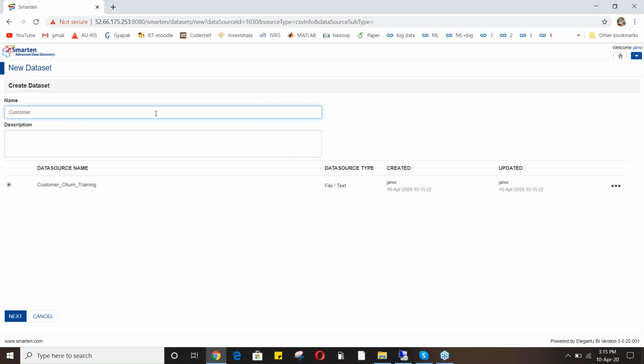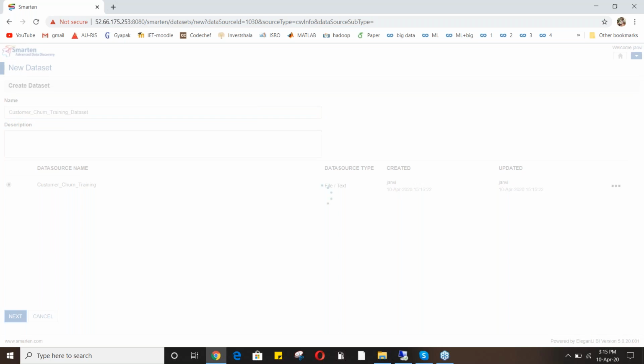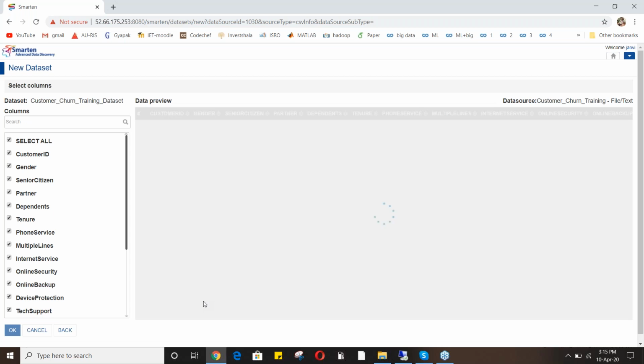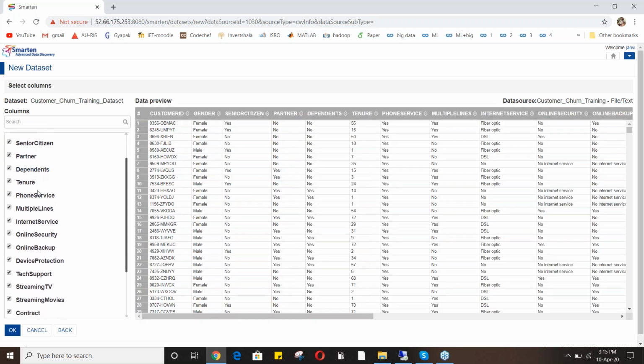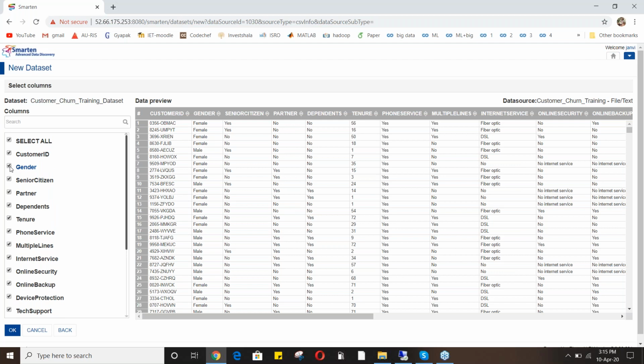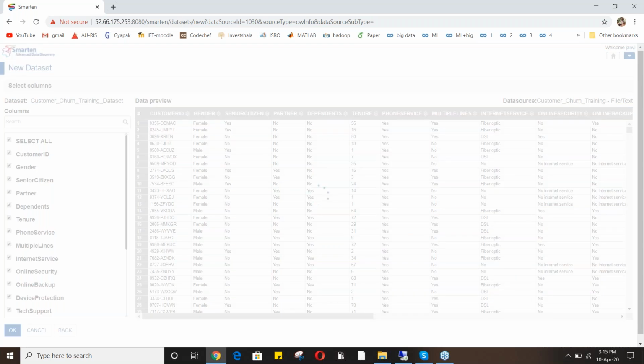So from that data source, I'm making a data set. We can see from the screen that we can directly deselect the columns which we don't need. And currently I'm pressing OK.